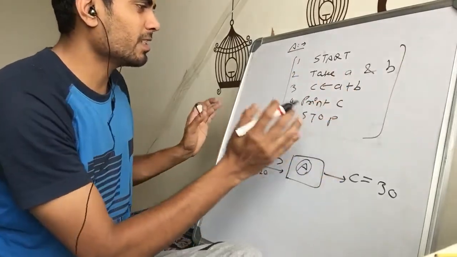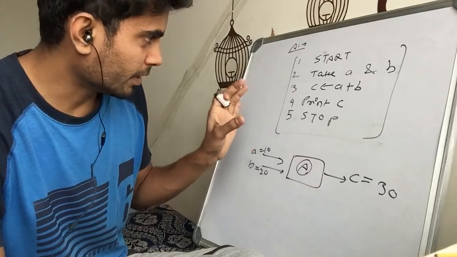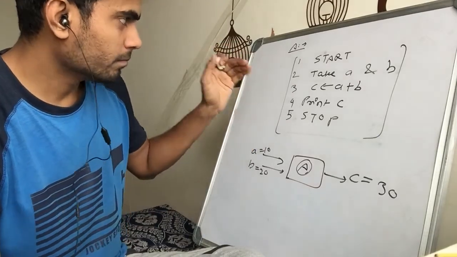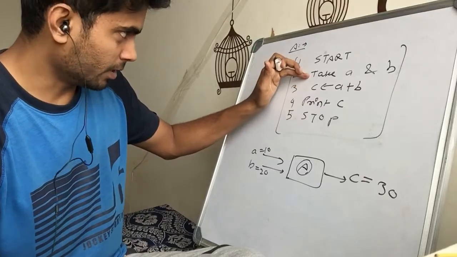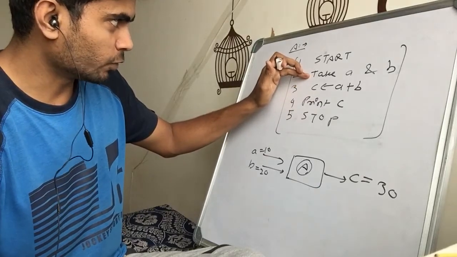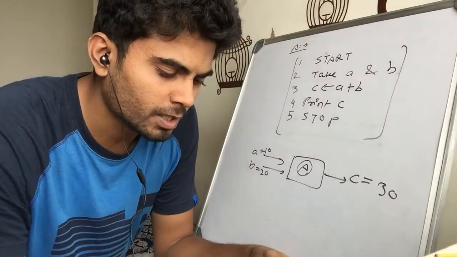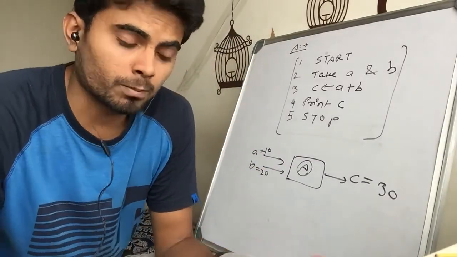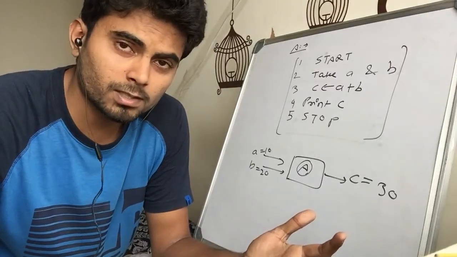You can see there is nothing unnecessary. Everything is in its own place, because before adding we need to know the values. So we took the values from the user, so you can see that everything is in its own place. This is the feature of an algorithm. It wants everything in place, no unnecessary step.